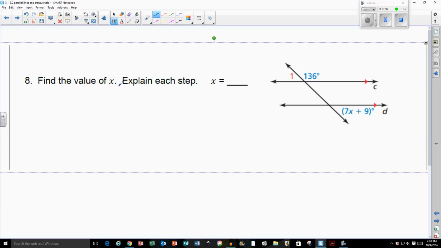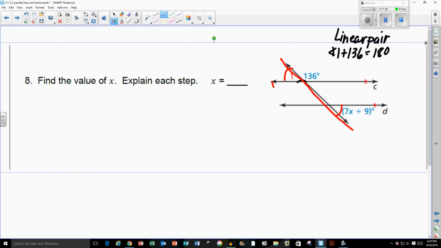All right, the next one, find the value of x. So I know angle 1 plus 136 is 180 because these two are a linear pair. All right, the next thing I know is, I look at the transversal and I notice that this one here, see how they're on opposite sides, they're alternating?